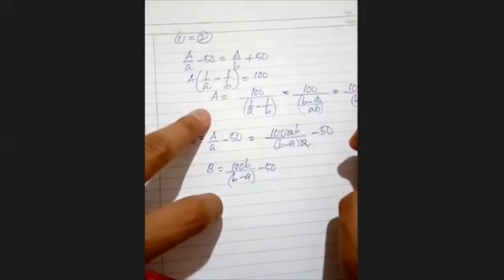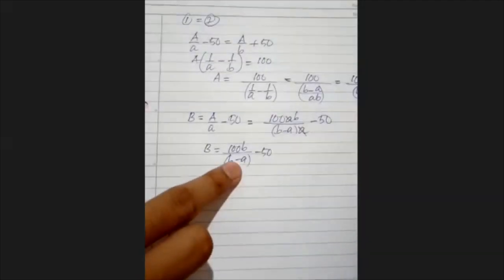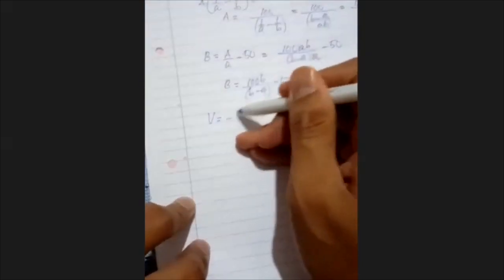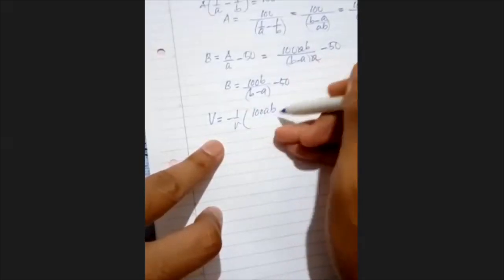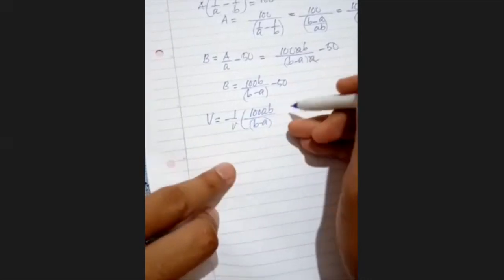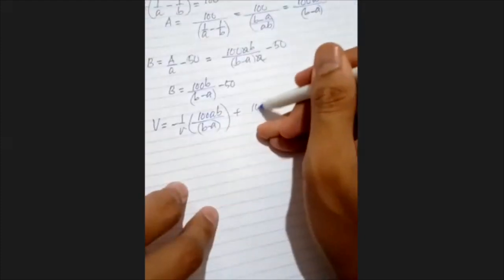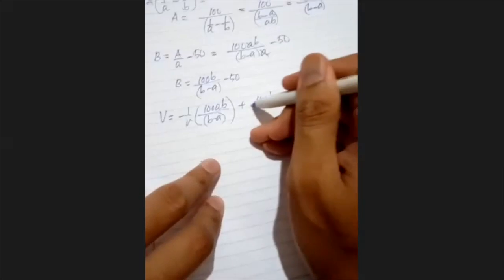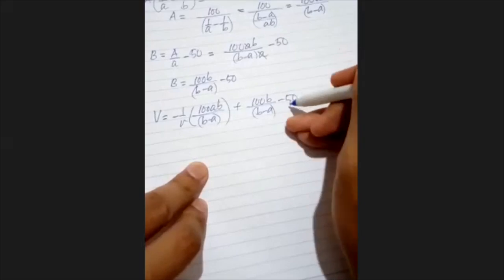So let's put inside the equations the a value is your a value, and so the b. So put back the equations. V is equal to negative 1 over r. So the a value become 100 ab over b minus a plus 100 b over b minus a minus 50.